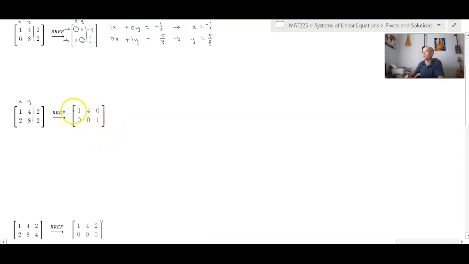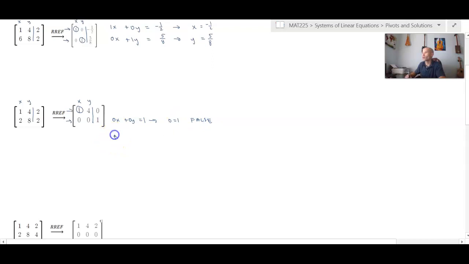In this case, yes, if we look at the first row, we have a leading 1 in the column of x. But if we look at the second row, there is no leading 1, because we're only looking at coefficients. But this row actually leads to the statement 0x plus 0y equals 1, or 0 equals 1, which is a false statement.